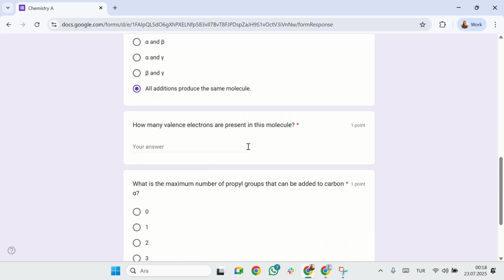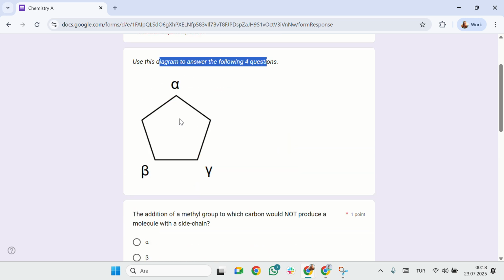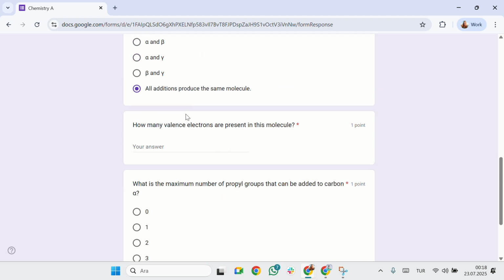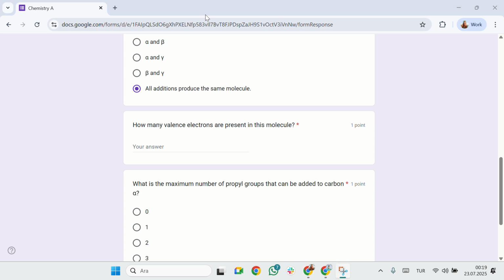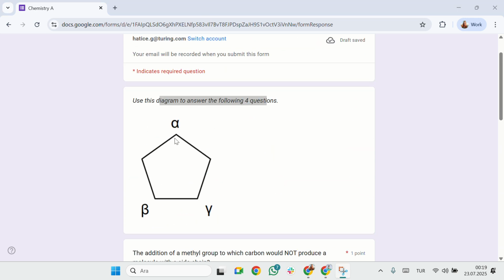How many valence electrons are present in this molecule? Great question. Valence. Okay, so 4, 8, 12, 16, 20, 1, 2, 3, 4, 5.